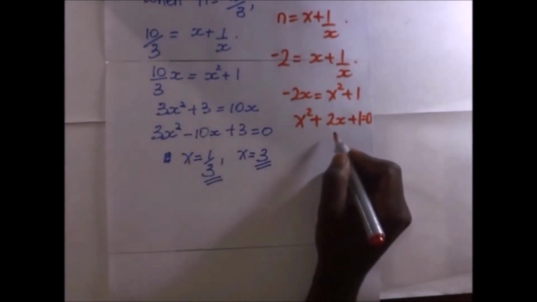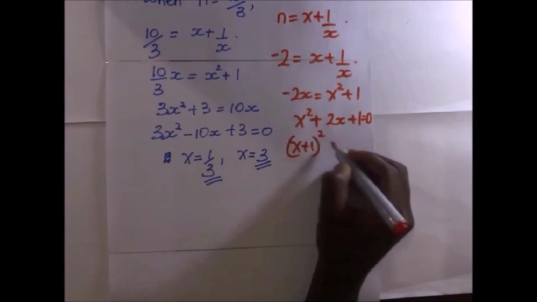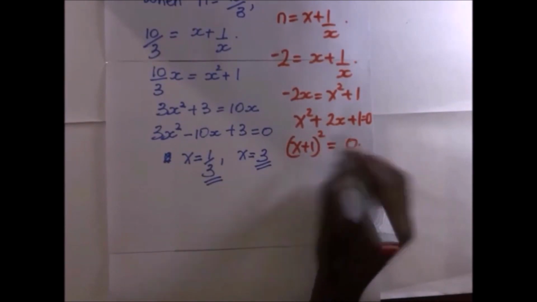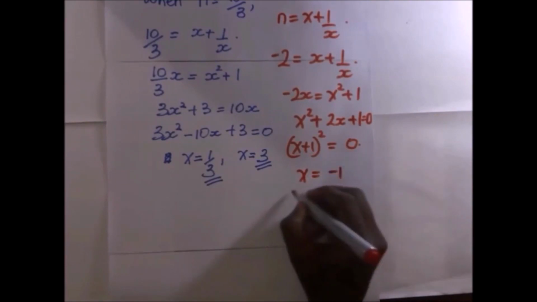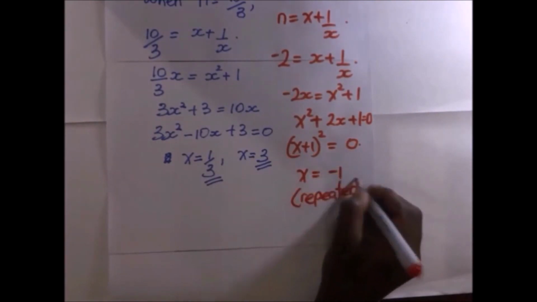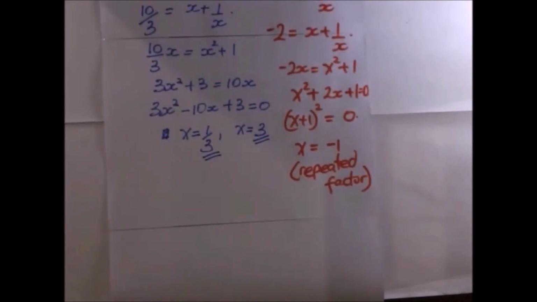From this quadratic equation we find that x plus 1 is equal to 0. So x is going to give us negative 1, and this is a repeated factor.